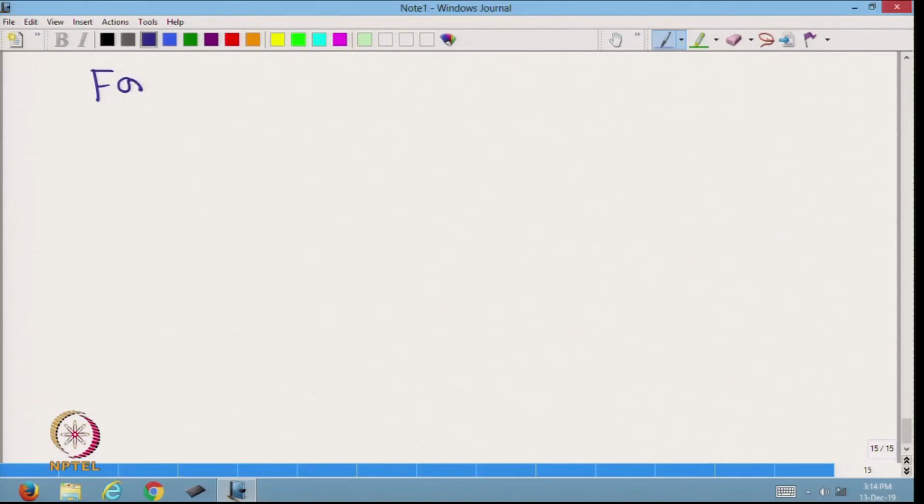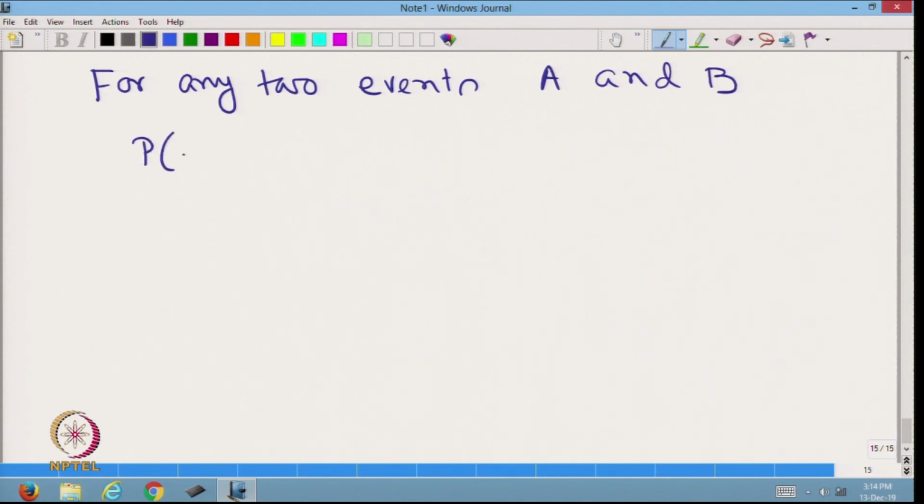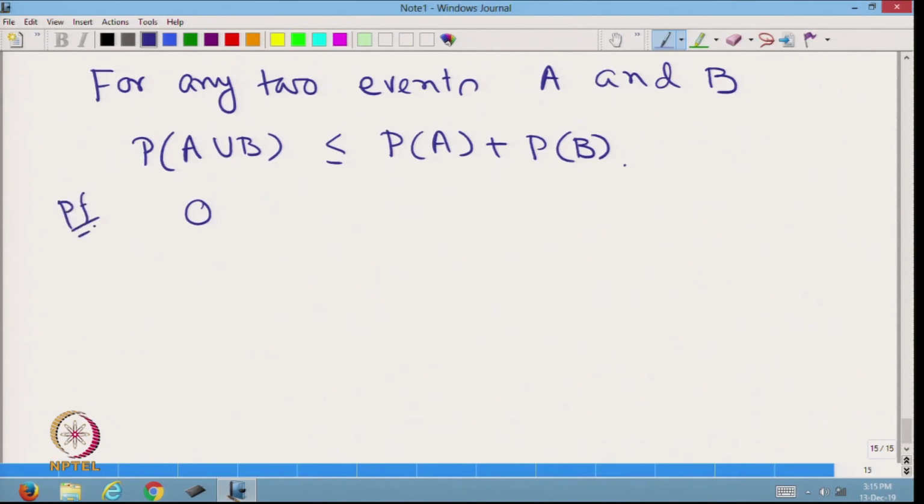For any two events A and B, probability of A union B is less than or equal to probability of A plus probability of B. This is obvious. Why?